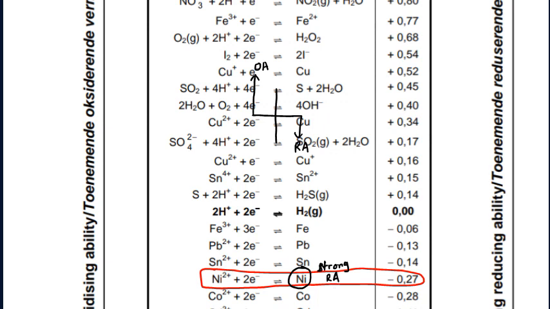Now that we have that jotted down, remember that the strong ones are always the ones that win. So that nickel rod, because we have solid nickel that has been placed into that silver nitrate solution, is actually going to undergo oxidation, because it is a reducing agent.